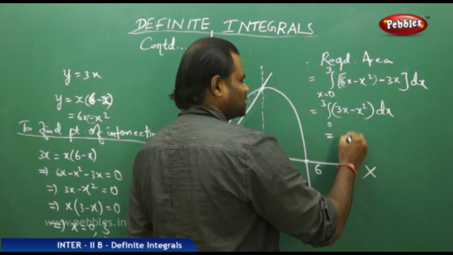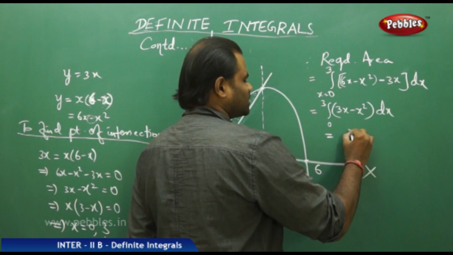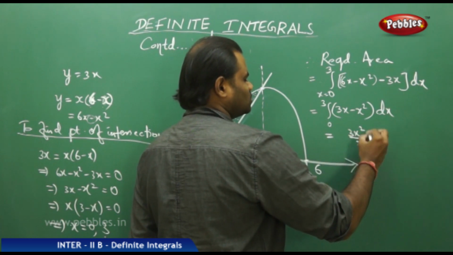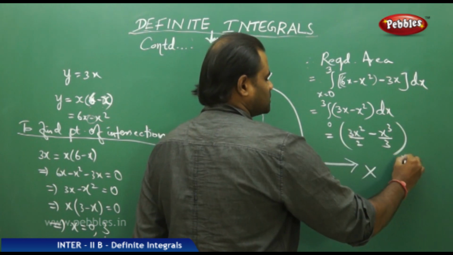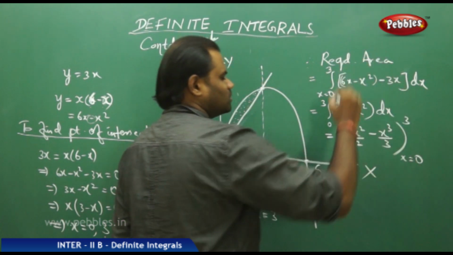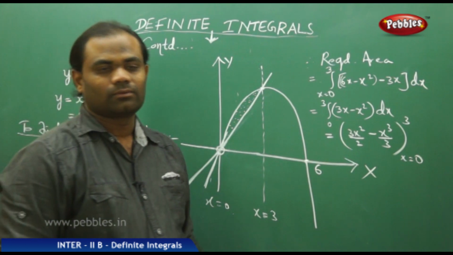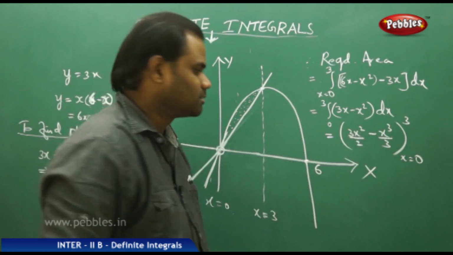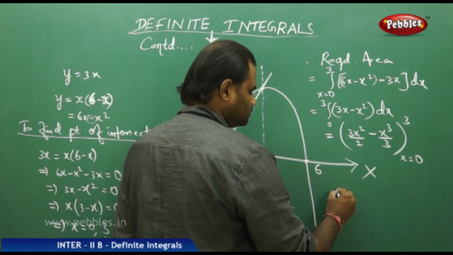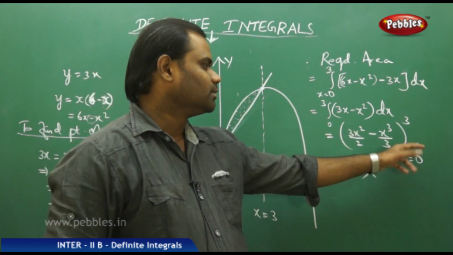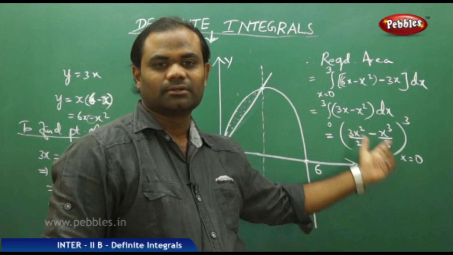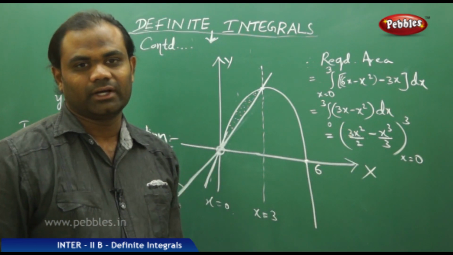Then integrating this, the integral of 3x is 3x squared by 2 minus x cubed by 3 with limits from 0 to 3. Now, using the limits, the upper limit is 3 times 3 squared by 2 minus 3 cubed by 3, and then the lower limit which is substituted, which gives us the required area.